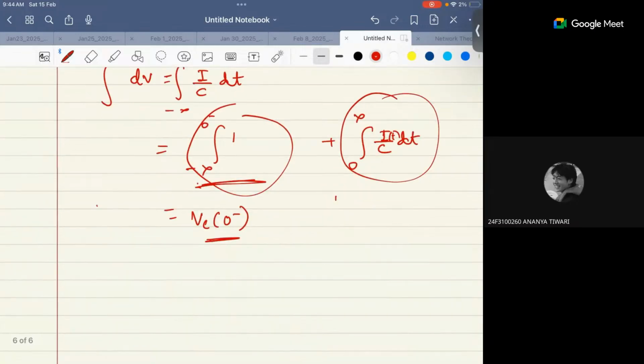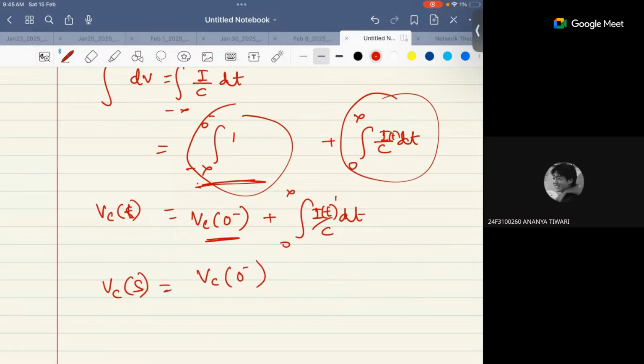This is VC(s) equals this plus the integral from 0 to infinity of I upon C dt. In the form of Laplace transform, this will be Vc(0 minus) upon S, correct? Plus whatever IC has been given upon Cs, correct?